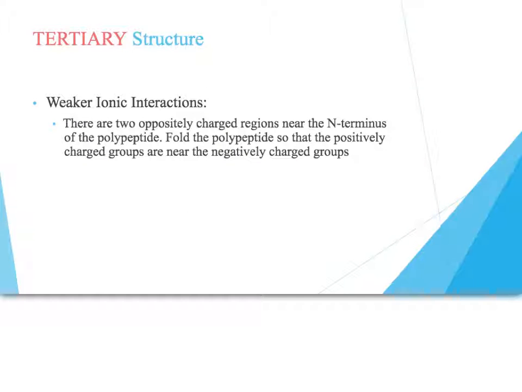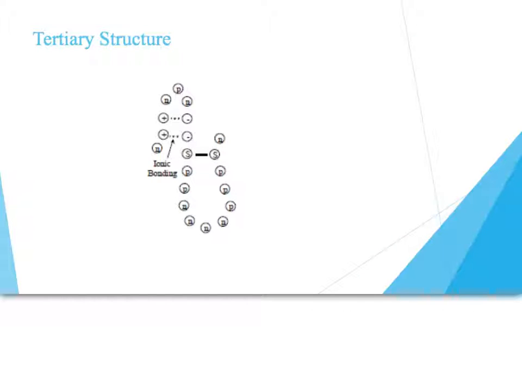We also had weaker ionic interactions where we had oppositely charged regions, and that again was part of the tertiary structure. And so here's where we had the two groups of students, some positive and some negative, interact to fold the polypeptide into another bend in that tertiary structure.